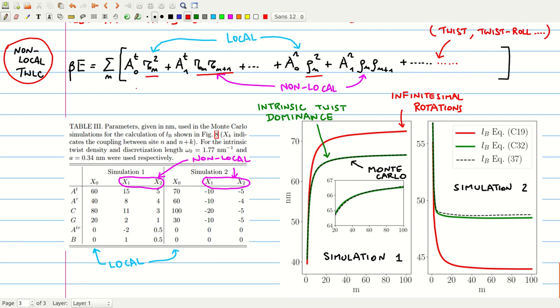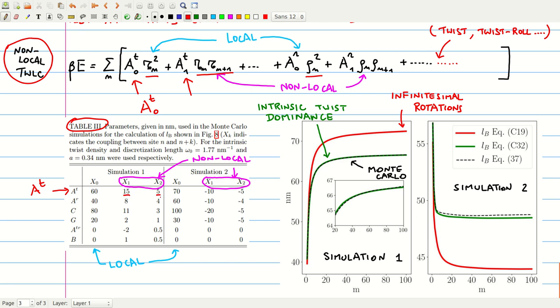A superscript T is the tilt stiffness, and the index 0 denotes a local coupling. And indices 1, 2, and so on denote couplings between distal sides. We have simulated two sets of models with couplings given in the table shown here. The non-local terms are limited to couplings between side n and n plus 2.